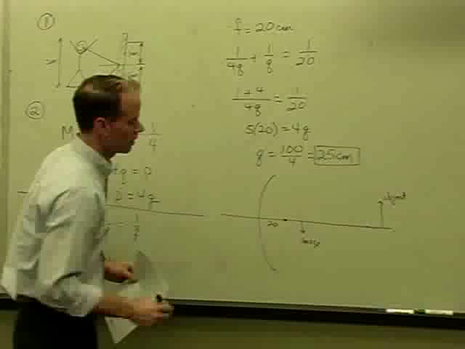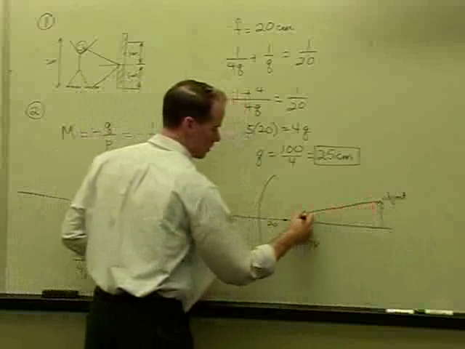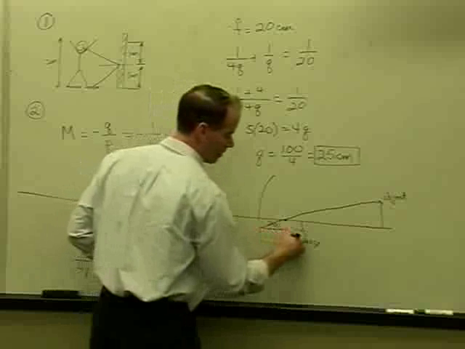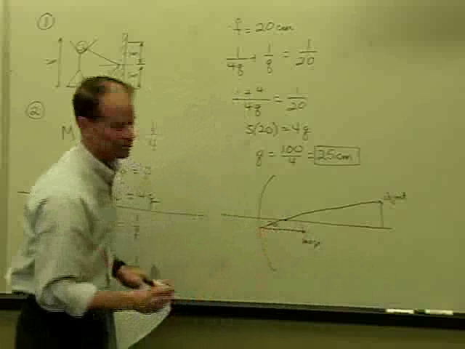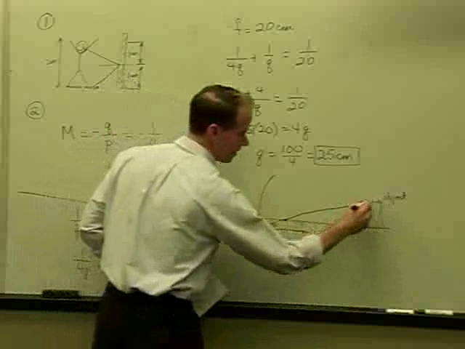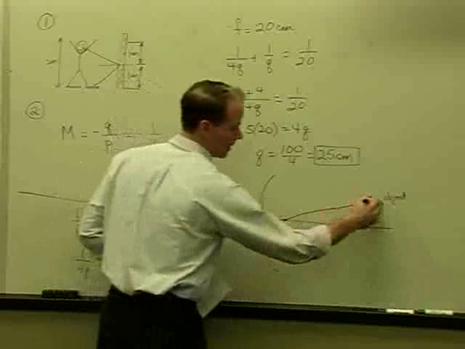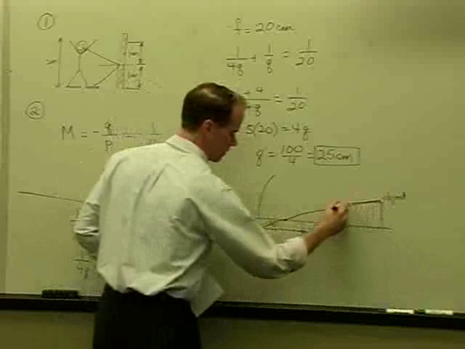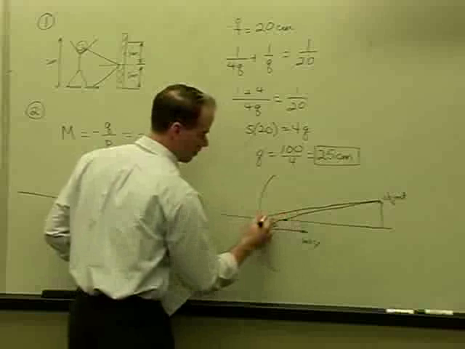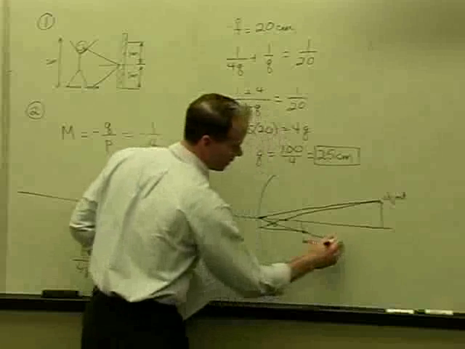And one way it might work is any ray that went through the focal point will come out parallel. And draw that very straight. Come out parallel, so this point of this object will hit this point here. Anything that hits in the center of the mirror will reflect like a flat mirror, come out straight like that.